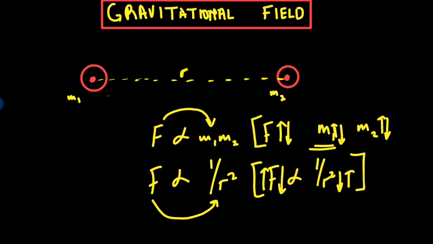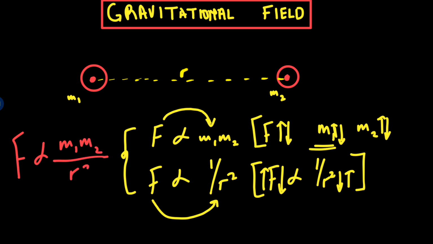Now, coming back to this diagram, these are the two bodies. They may be of the same mass, or they could be different. It doesn't really matter at this point. The gravitational force between M1 and M2, if you combine these two relationships, is F proportional to M1 M2 over R squared.